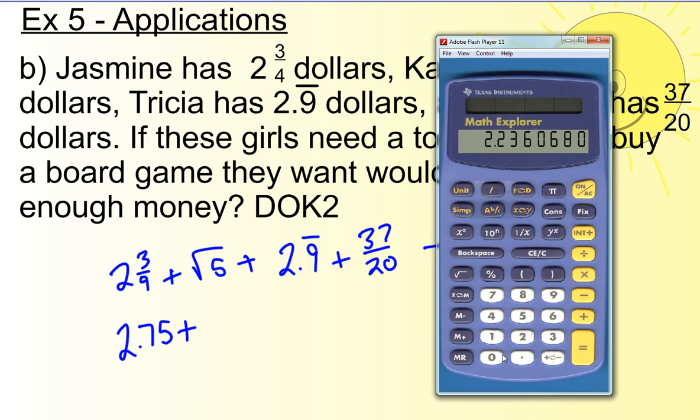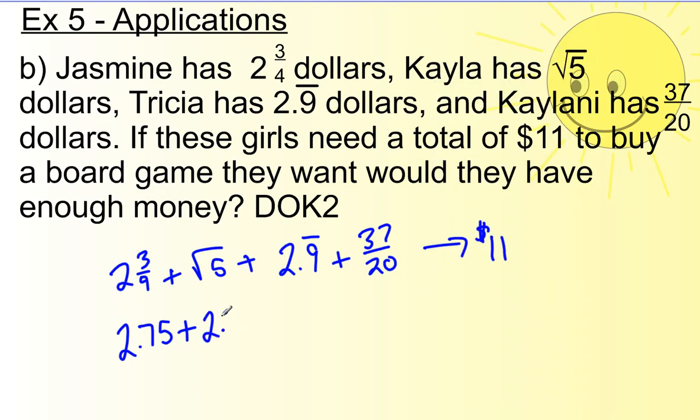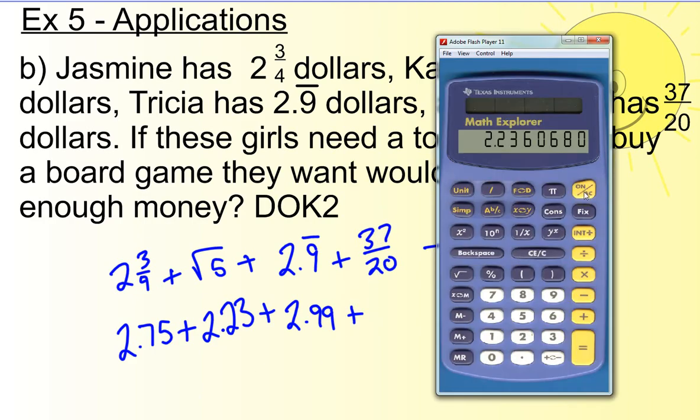Square root of 5 is 2.23. And we've got a 2.9999999. And we've got a 37 over 20. That's kind of ugly too. 37 divided by 20 equals 1.85.